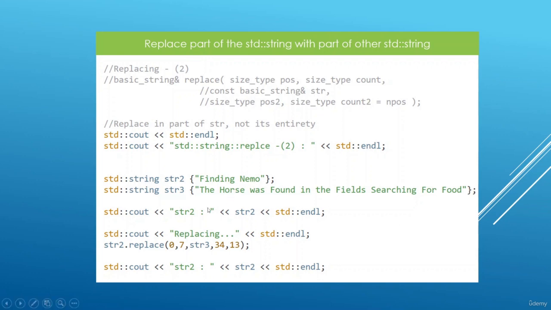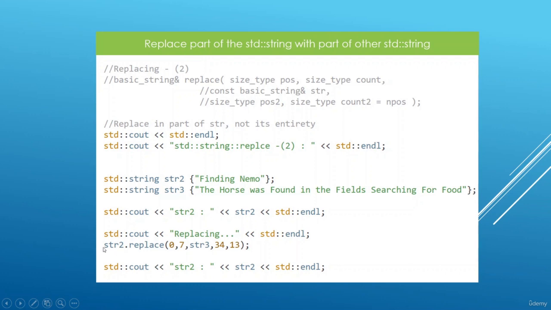It is saying finding Nemo, and we want to replace that with part of str3. So we are going to go in str3, hunt for the words searching for with the space. We're going to find the starting index. We're going to find how many characters we need to go over. And we are going to replace that with finding in str2 here.